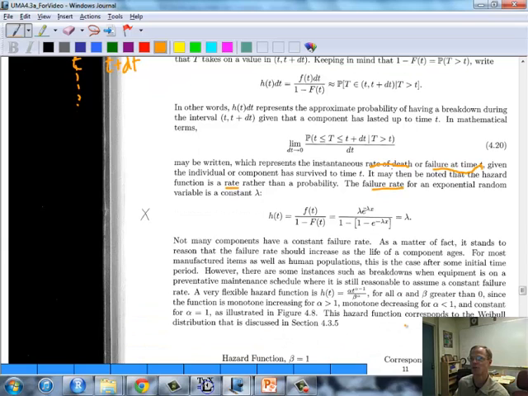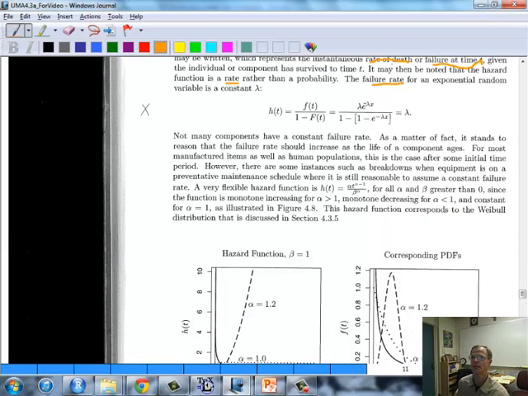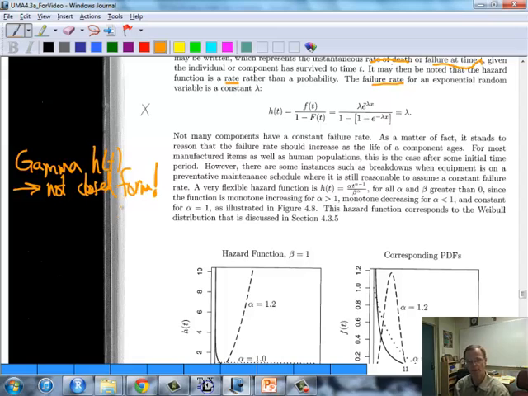Okay, so now what's the big deal with that? The big deal is that the gamma hazard function is not in a closed form. But when you are an engineer dealing with quality control or lifetime of components, you kind of want a closed form function.